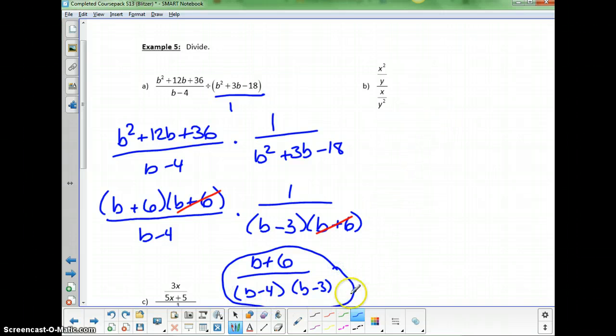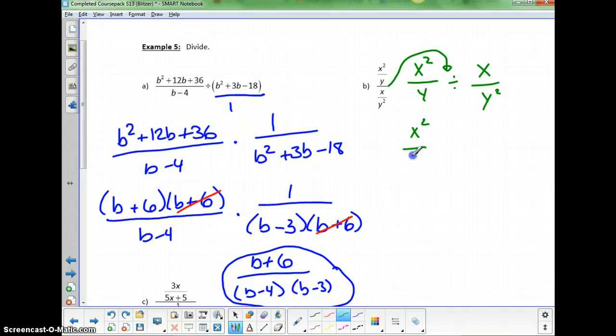Okay. Now for the next one, this is just a strange way of writing the division. This is the same thing as writing x squared over y divided by x over y squared, right? We're just rewriting this middle division with the kind that we're used to seeing. Okay, so I'm going to take the first one, copy it, and I'm going to change to multiply and flip the second fraction.